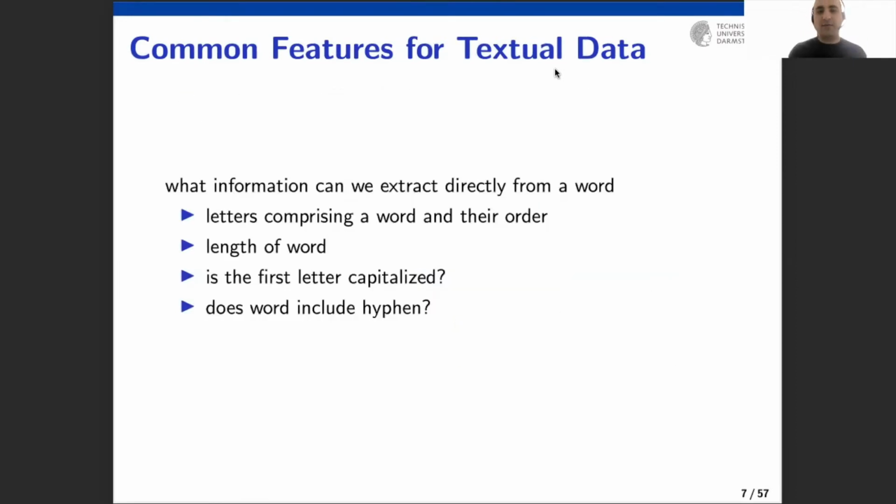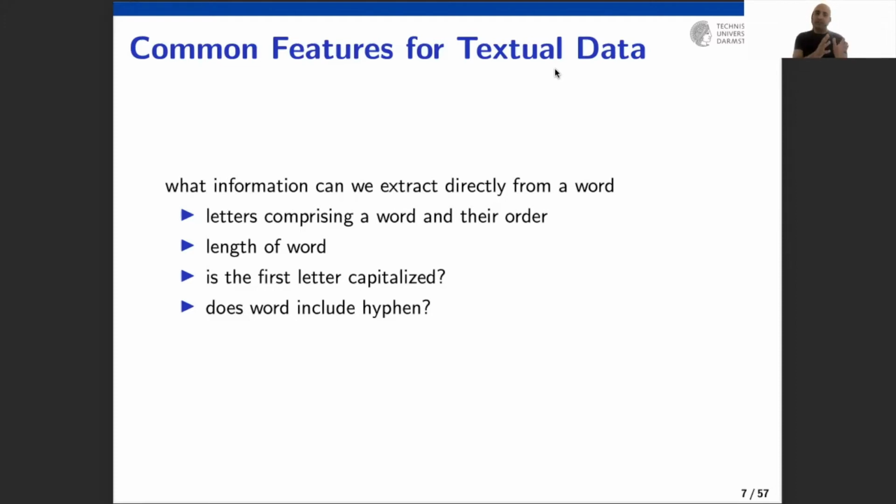So any of these questions can be taken as a feature function, right? You can define feature 1 as the length of the word. It takes a word and returns its length. You can define another function for checking if the first letter is capitalized or not.